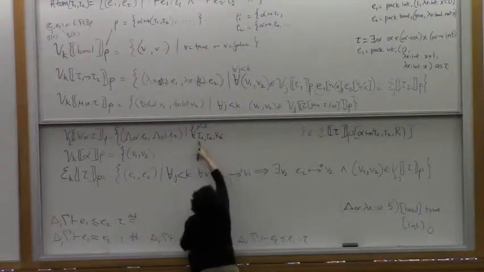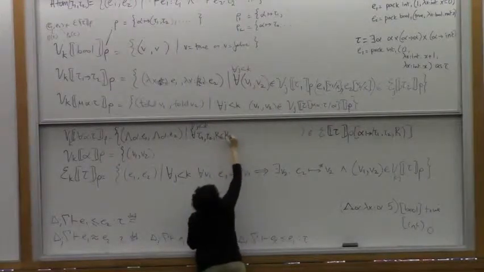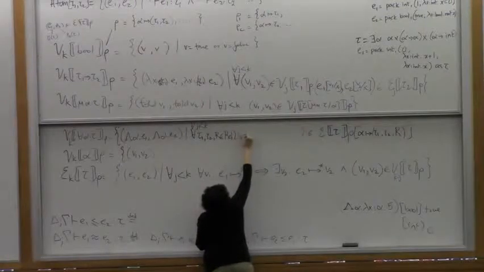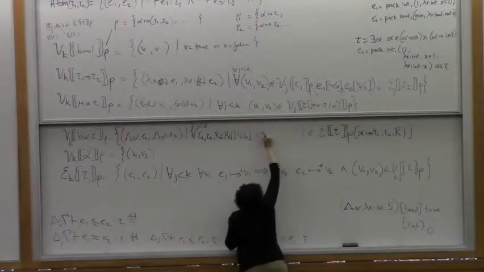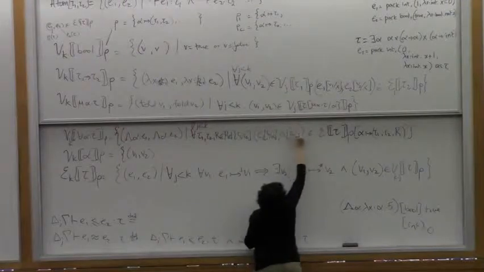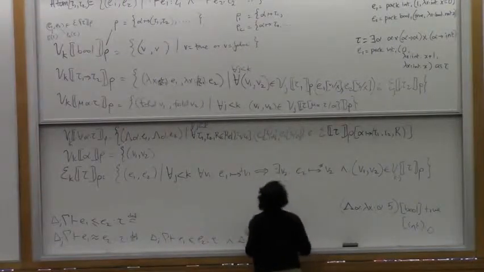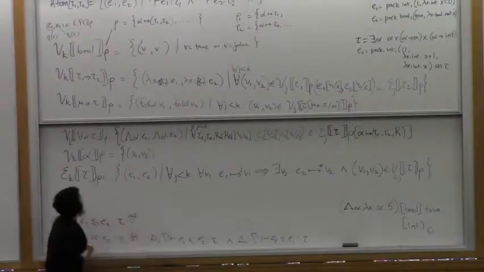So for all tau 1 and all tau 2, and for all R that belongs to rel of tau 1, tau 2, which I'll define in a second, we need to show that E1 with tau 1 for alpha is related to E2 with tau 2 for alpha. Okay, what is rel?